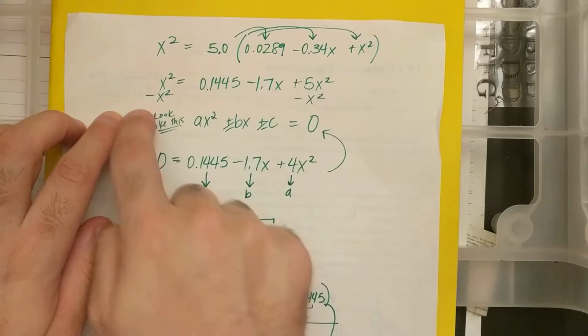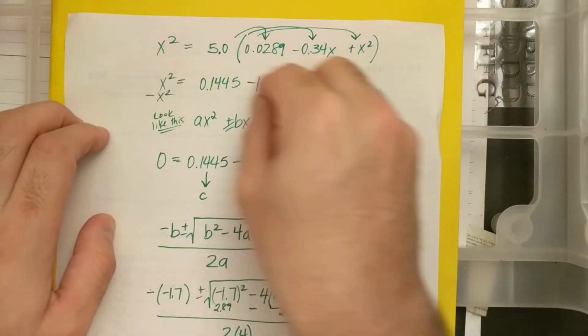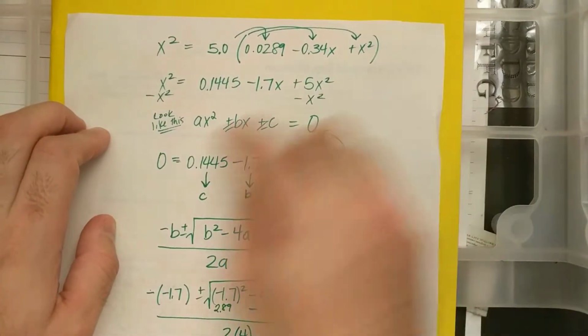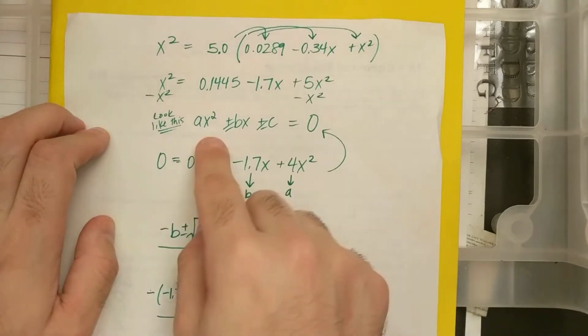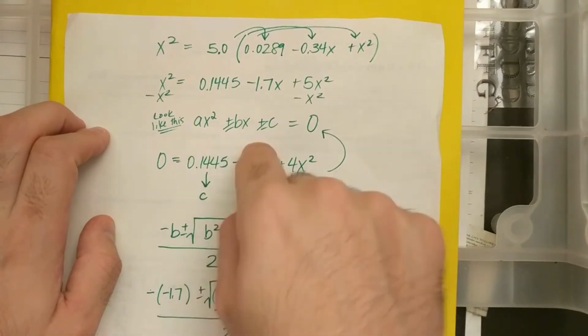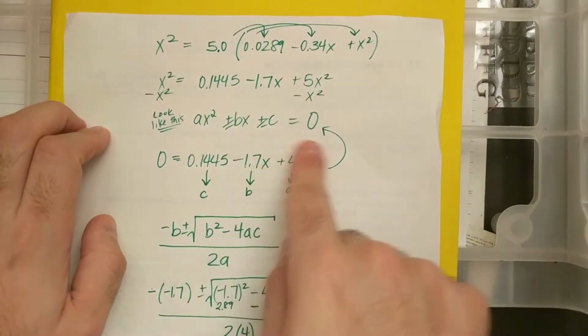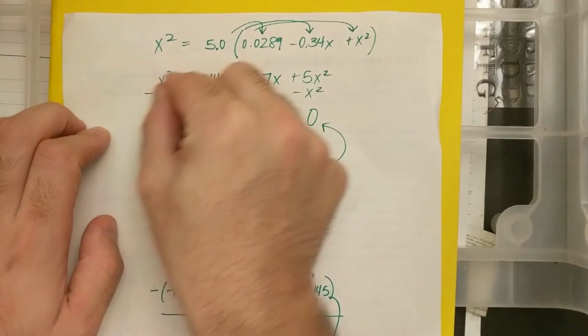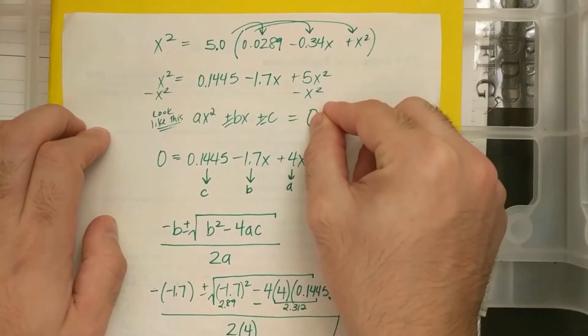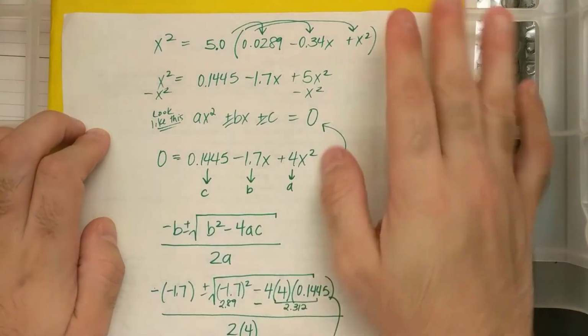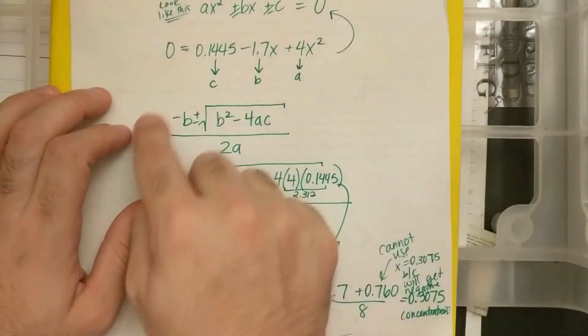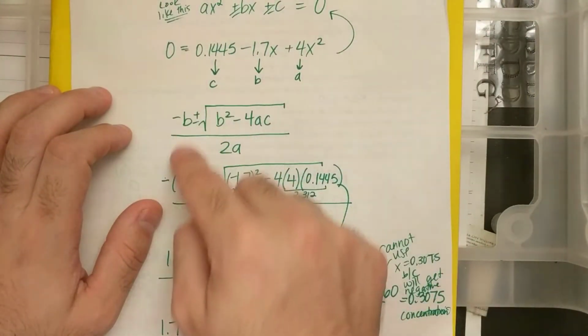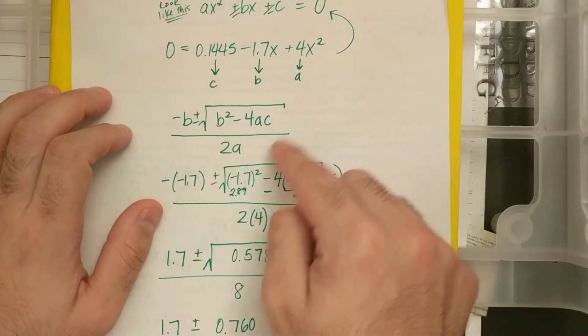And then I got an expression like this, and then I want to bring everything over to one side so it has a 0, because quadratics have to say ax squared plus bx plus c, or minus bx minus c. It has to equal 0. So that means I have to take everything away from one side and put it on the other. And so I got this expression. I plugged it into my quadratic equation here, negative b plus or minus the square root of b squared minus 4ac over 2a.